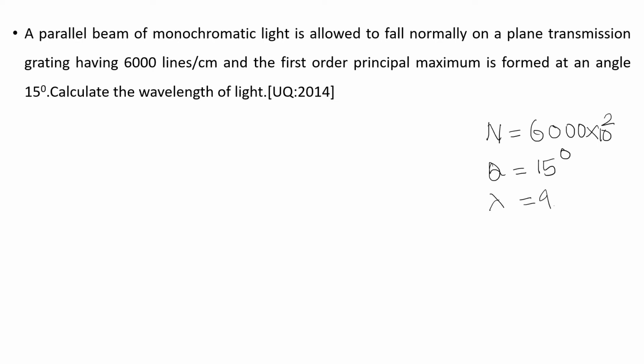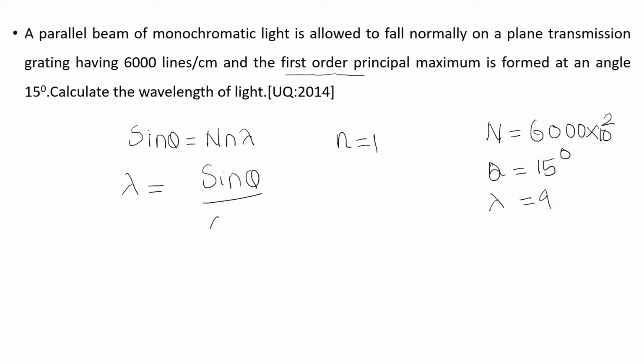And we have the grating equation, that is sine theta is equal to N n lambda. Here the first order principal maximum means n should be 1. Therefore, lambda is equal to sine theta by N n.